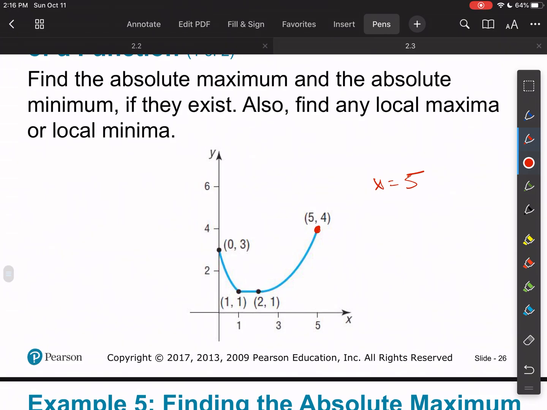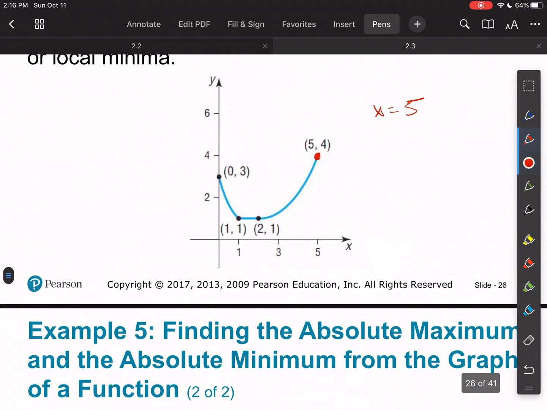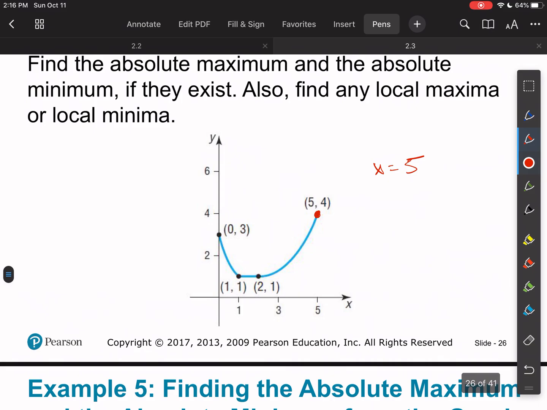Okay, the local minimum would happen, in this case, notice that the minimum happens at a y value of 1. So if you wanted to identify where that is on the x, you'd have to say it happens, for the local minimum, between 1 and 2, right?